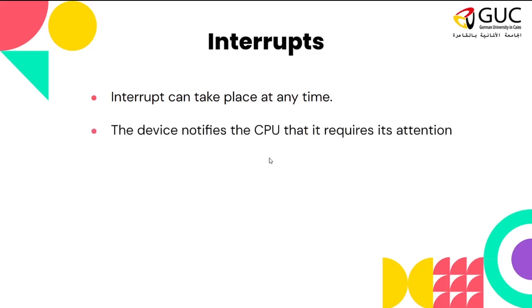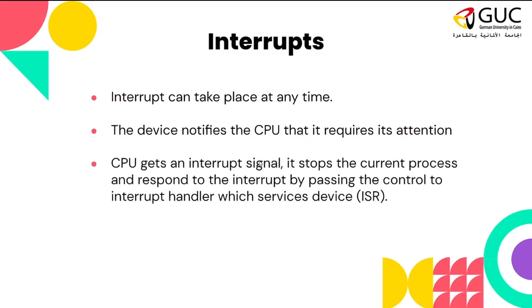So when our device, the particular device that has the interrupts, takes or reads an input, this device notifies the CPU that it requires attention because we are reading something, please deal with it. So the CPU gets an interrupt signal, stops the current process and responds to that interrupt by passing control to the interrupt handler, which services the device. That is the ISR, because the interrupt service routine deals with that kind of interrupt.